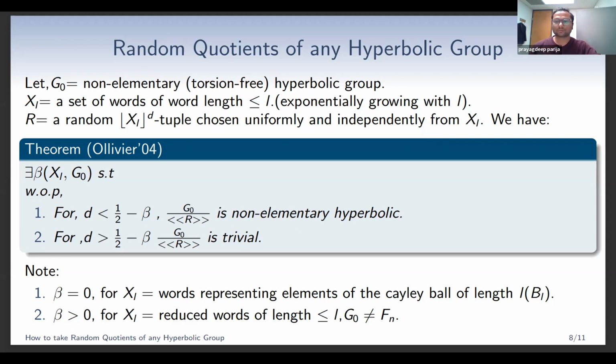So for any hyperbolic group, if you choose from reduced words, then you're going to get a phase transition at a different time. Your presentations will become trivial earlier. So that's what this beta is representing. It's a phase shift.